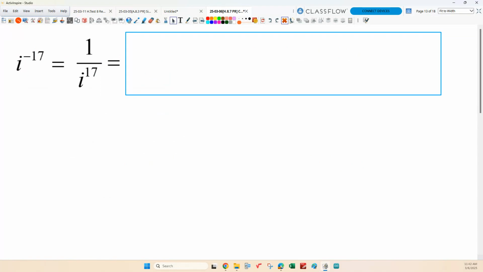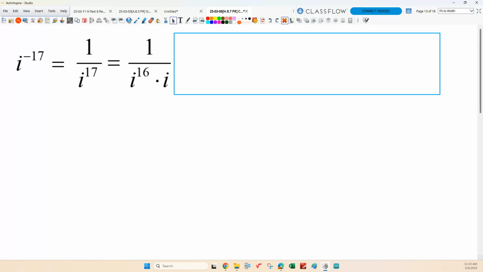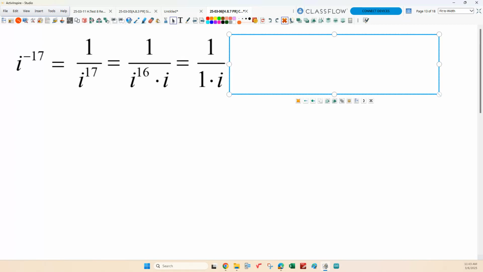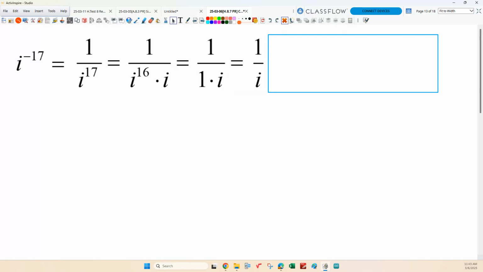It's i to the 17. Just i, yeah. How come? Because it's i to the 16 times i, and is i to the 16 an odd or an even power of negative 1? Even, right? It's i squared to the 8th. Okay, so I get 1 over i.